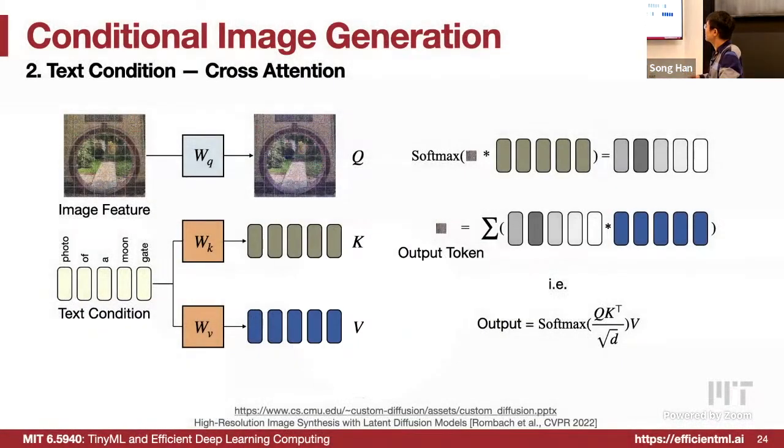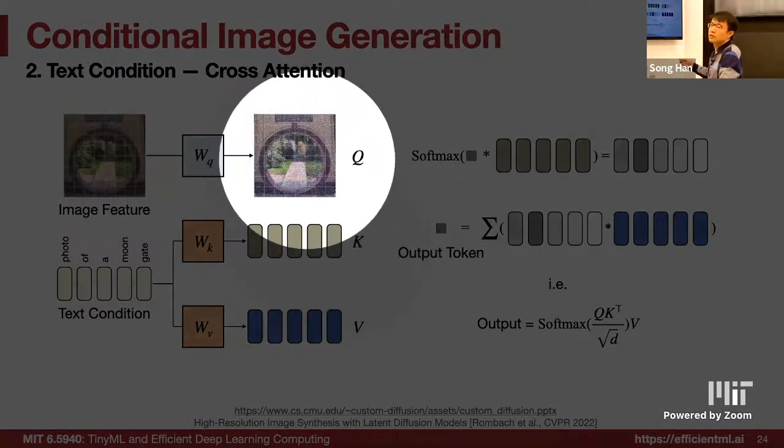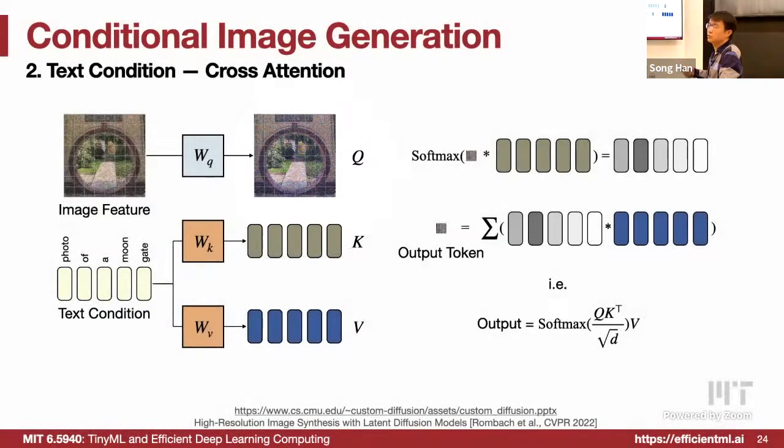So the final token dimension is still the same as the query, which is the number of image tokens. So the output result is still an image, but that already includes the information from the language. So that's one way to insert the text condition into image generation.